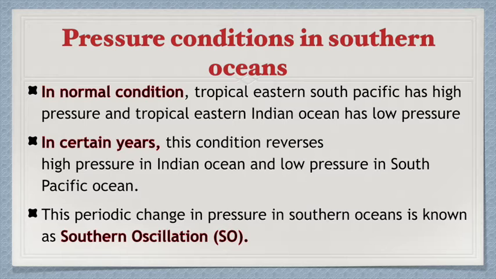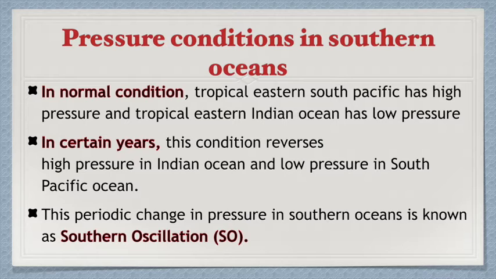Among this southern part, consider the east and south Pacific region. If that region develops high pressure area, and Indian Ocean develops low pressure area, wind blows from south Pacific to Indian Ocean. That is happening in normal condition. But in certain years, this condition reverses.